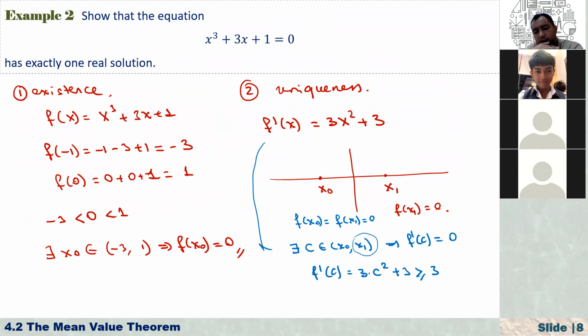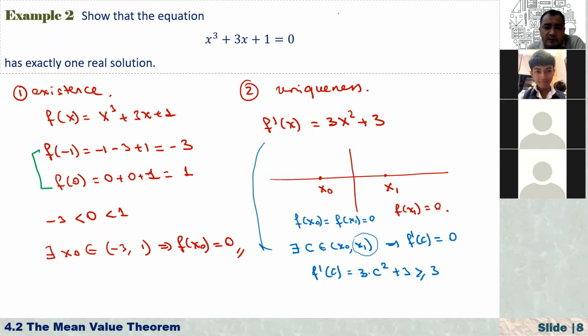Yes, that one. How can you know that you need to put f of minus 1 and f of 0? Say again. You mean f of minus one? Yes, that one.